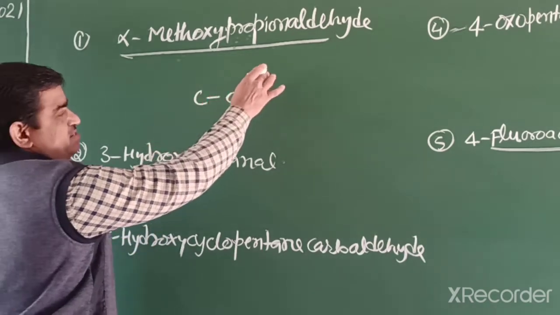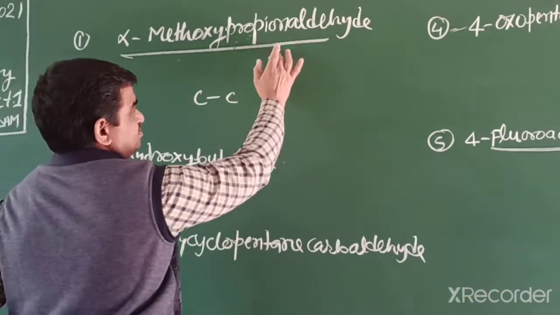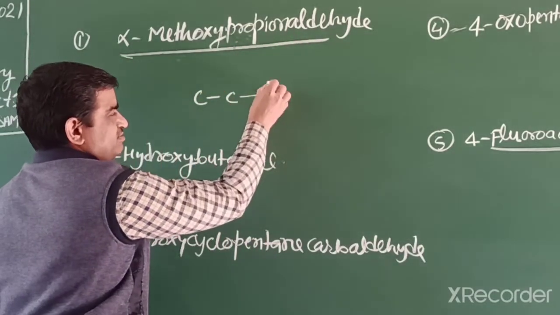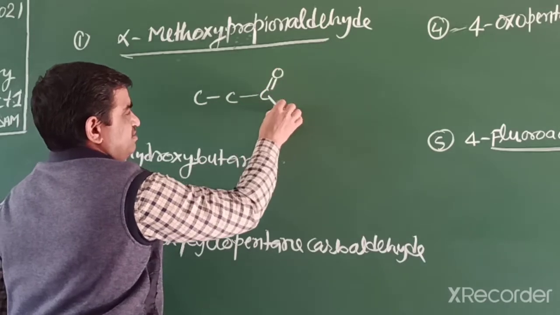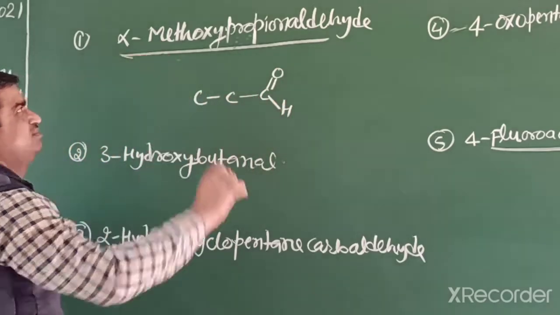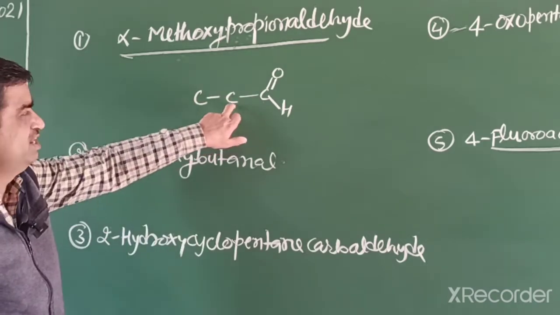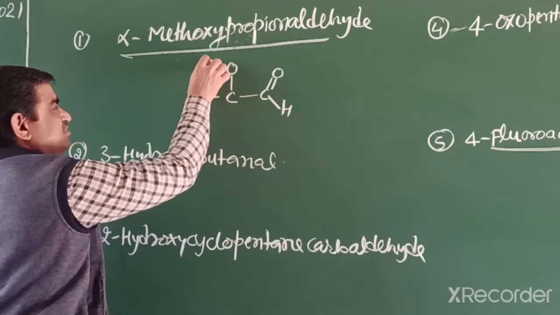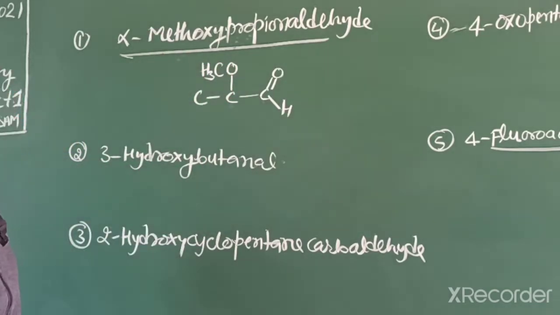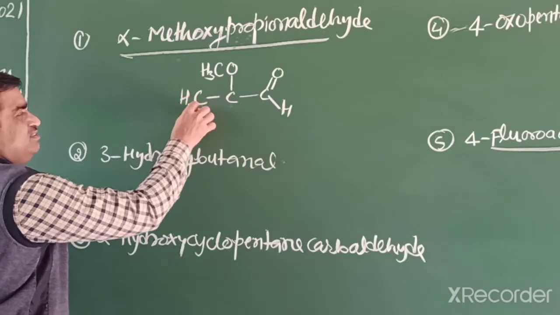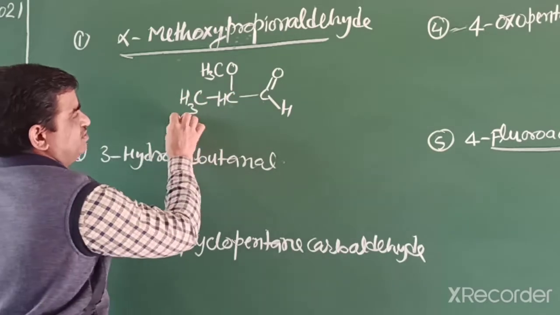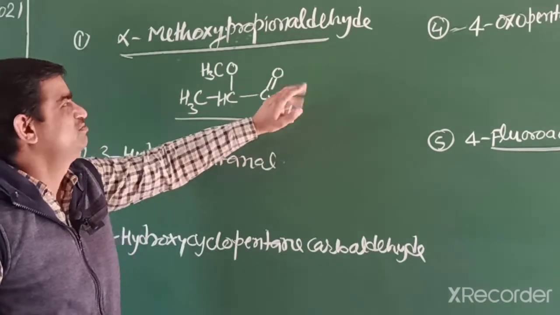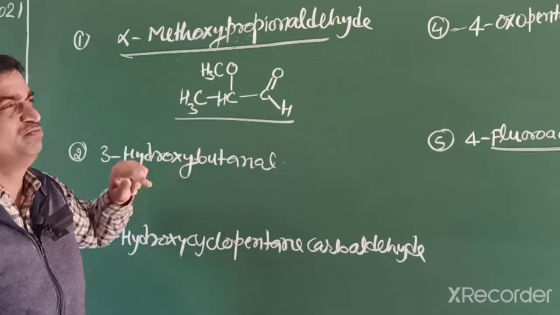So first we write the structure from this side. Propane aldehyde means 3 carbons. You write 3 carbons and make aldehyde, 1, 2, 3. Then the first carbon is the alpha carbon, so we write methoxy, OCH3. This one is the first compound's structure. Then complete the hydrogens. So this is alpha-methoxy propionaldehyde, that is the common name.